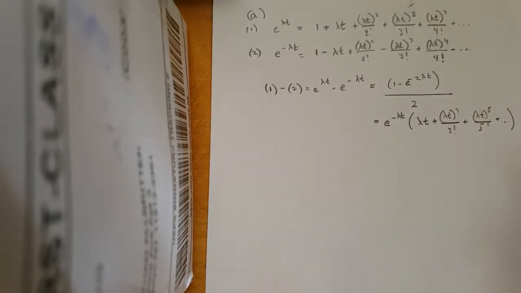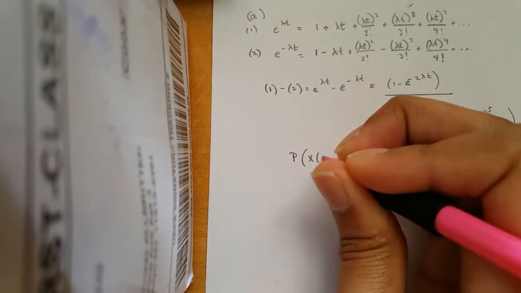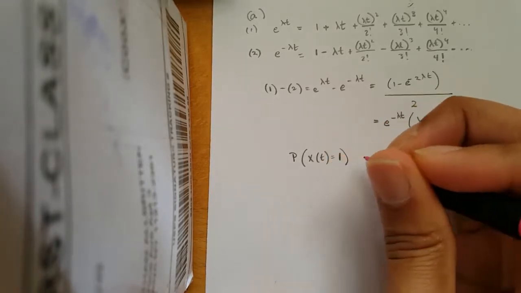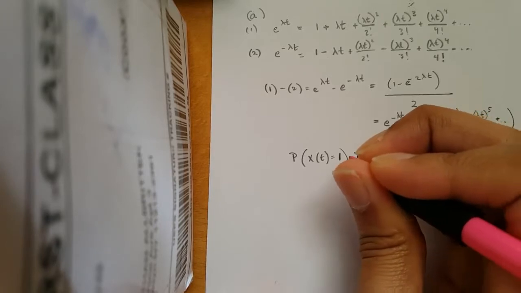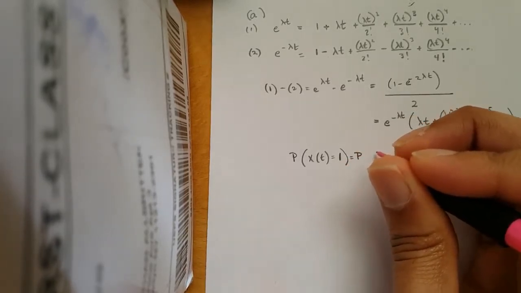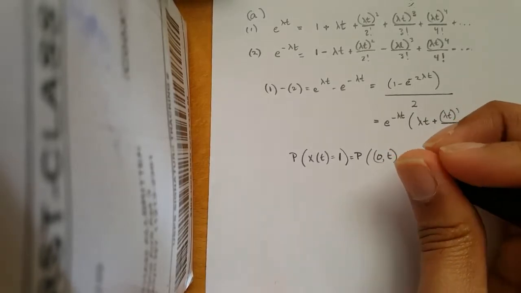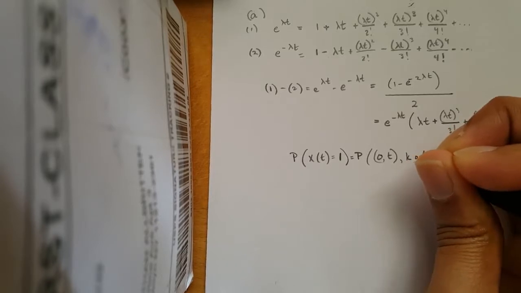And so the probability of x of t equaling 1 is the probability that in between 0 and t, some number k is odd.